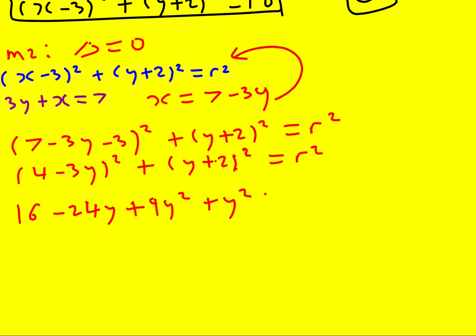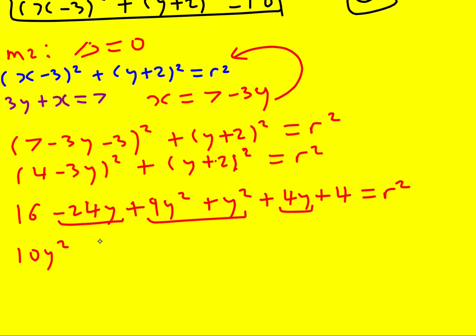Plus y squared plus 4y plus 4 equals r squared. Let's tidy this up. 10y squared from here. And then I got minus 24y plus 4y. That's going to be minus 20y. And then plus 20 minus r squared is equal to 0.